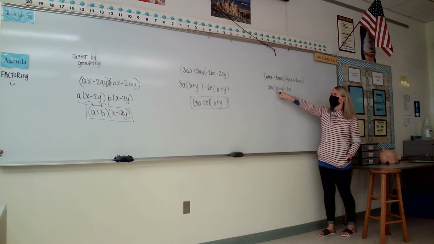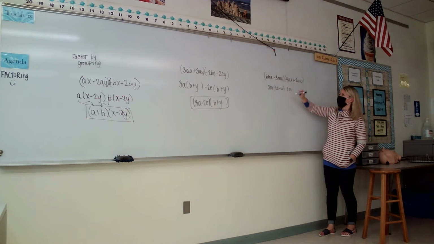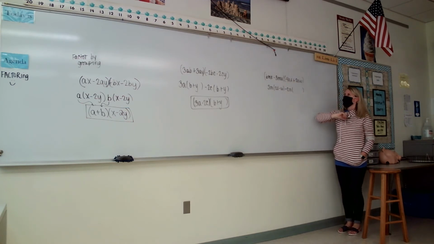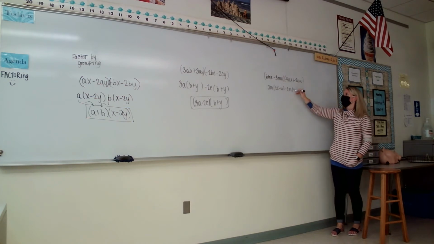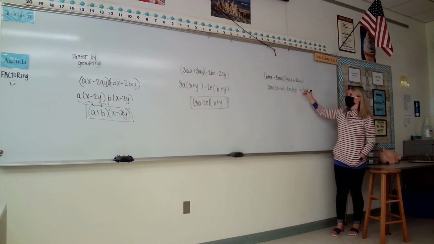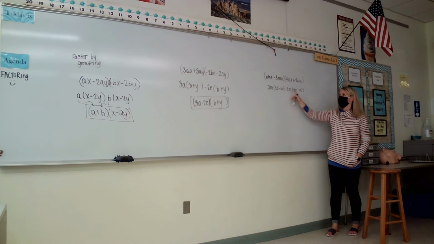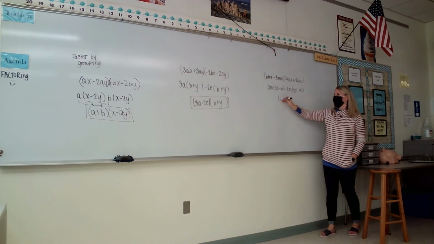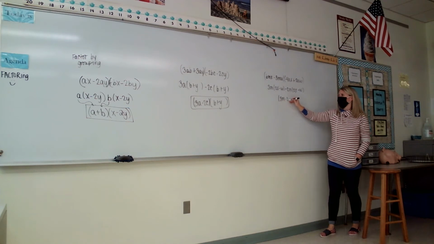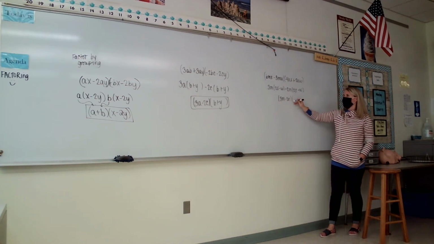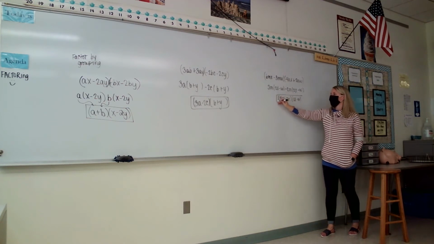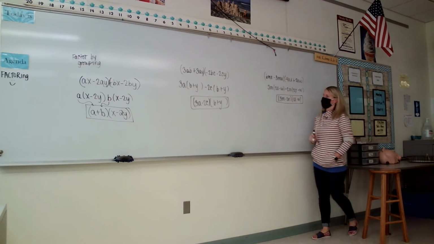I need 2x minus w, so I'm going to make that a negative 2n when I take out the GCF, because I need to change my signs. That gives me 2x minus w. Remember, these need to match exactly. You can't have opposite signs. Once that happens, I have everything I need, and I'm going to write my final answer, 3m minus 2n times 2x minus w. And that's your factored form.